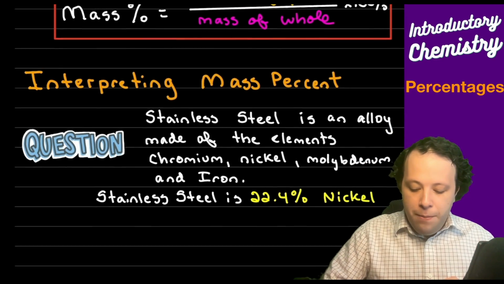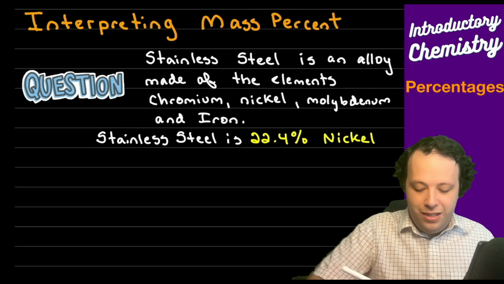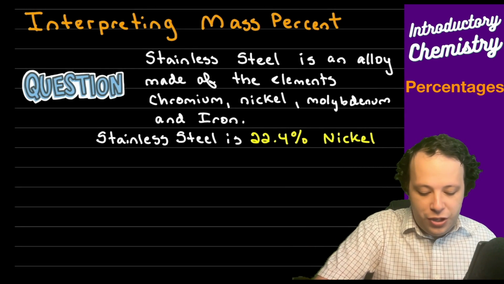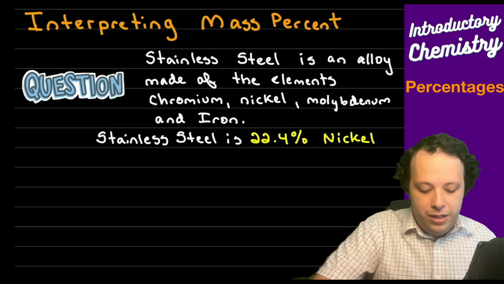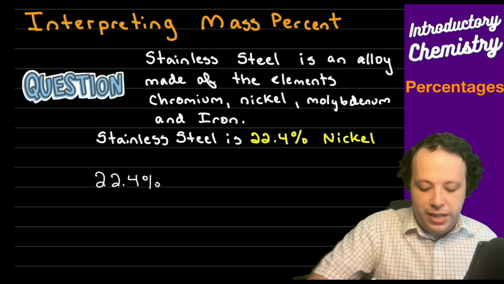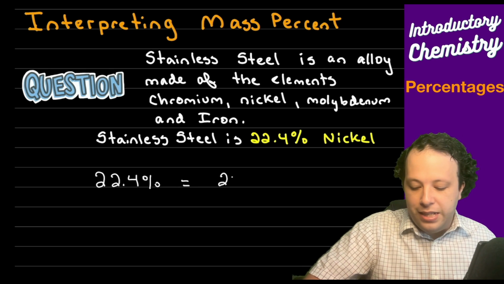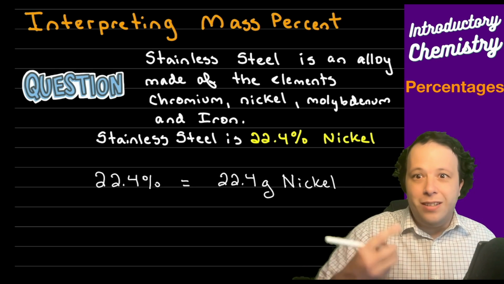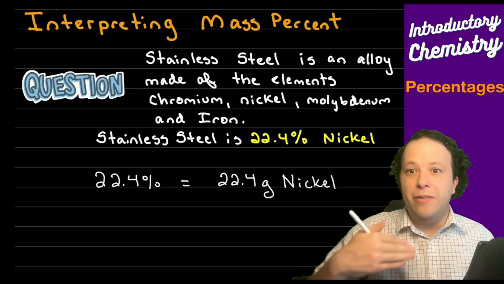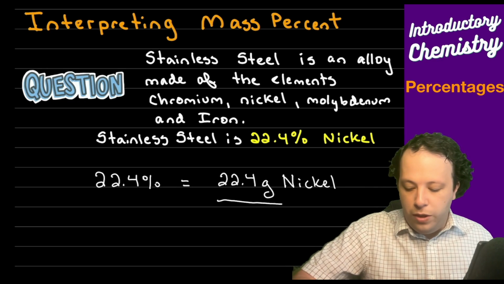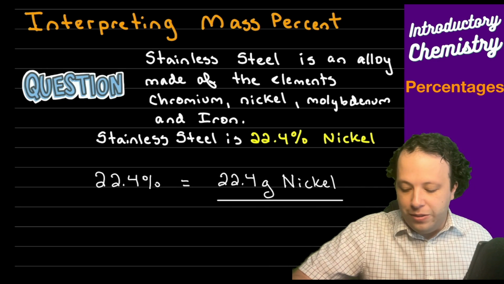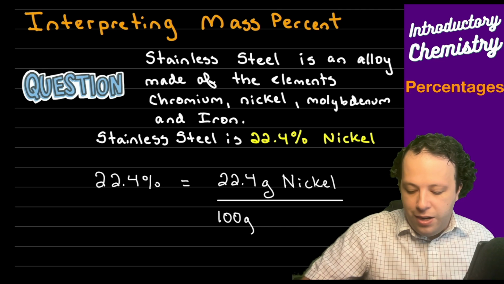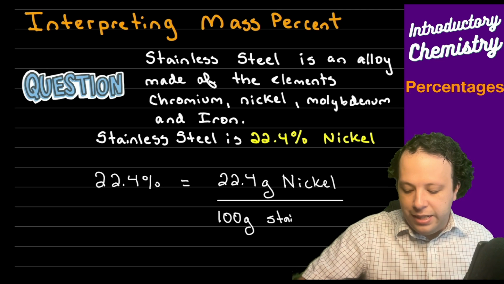Being that this is a percent, the way we can determine our part in this case is that 22.4% is the same thing as saying I have 22.4 grams of nickel. But remember, percent means out of 100. So we have 22.4 grams of nickel, all out of 100 grams of stainless steel.